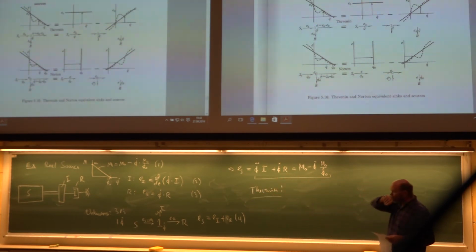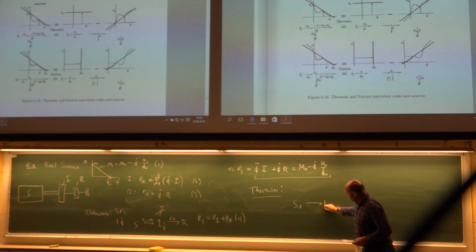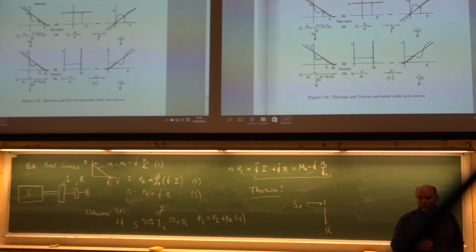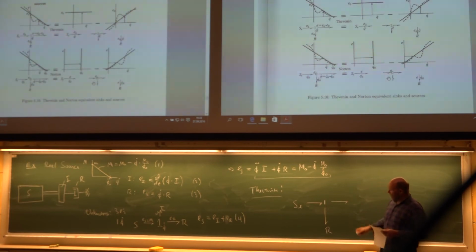Thevenin source. Well, Thevenin, that was an effort source. And then a one junction down to a well-designed resistance. That one has to be found. And then on the other side here, I will then have the real source, should be here.